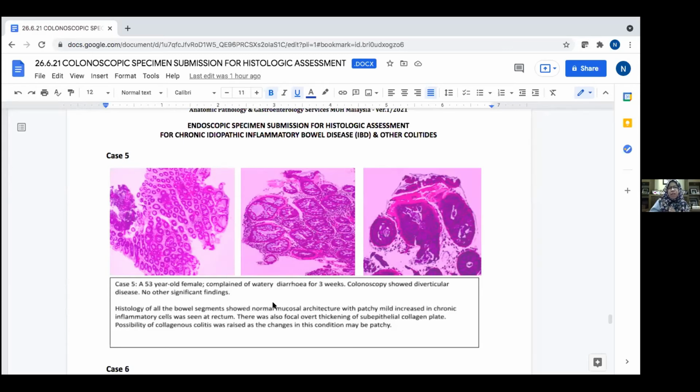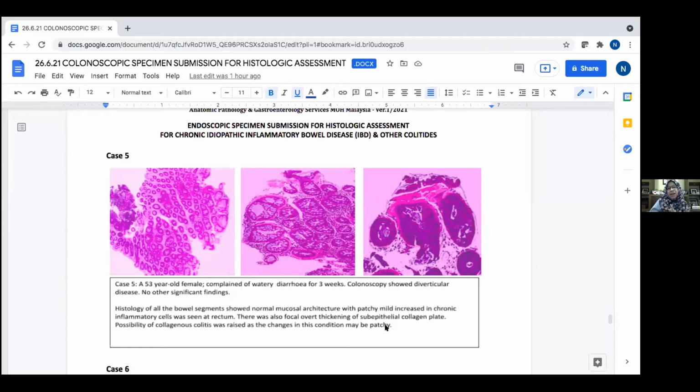So with the history of watery diarrhea, and she was also found to have diverticular disease, but otherwise no significant findings, we can safely suggest that this could be collagenous colitis or microscopic colitis.